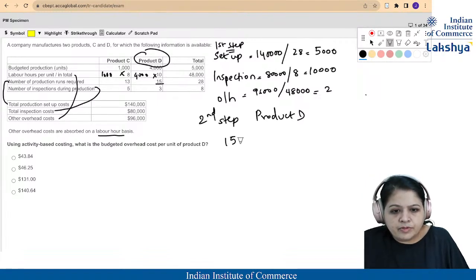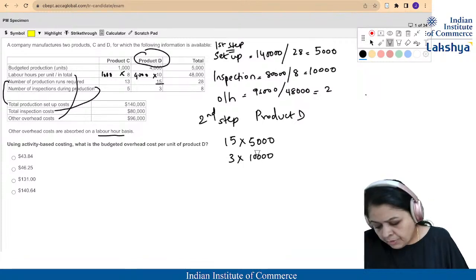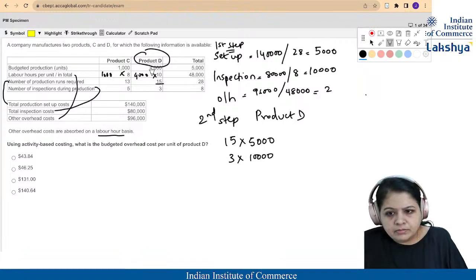So I'm going to do 15 into 5,000. Inspections, 3. 3 into 10,000. And the overhead costs, so 40,000. That's going to be 40,000 into 2.